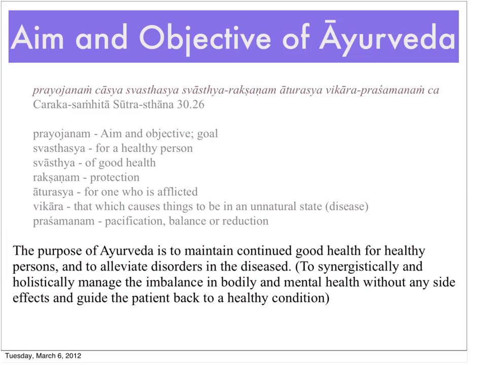So what is the aim and objective of Ayurveda? You remember I said that we can have Sanskrit, which is expressed as poetry, and Sanskrit, which is expressed as codes. So here is a code, or sutra. Sutra literally means thread. There are a number of books called sutra.